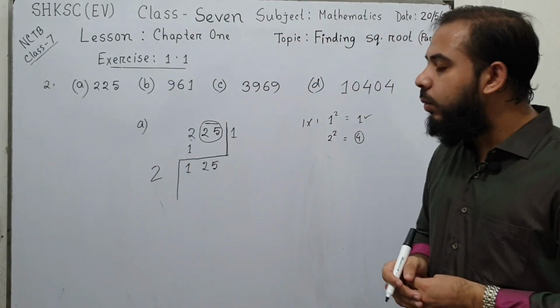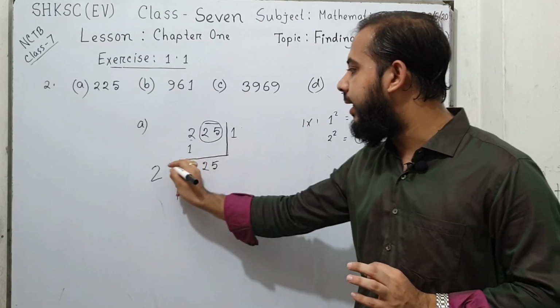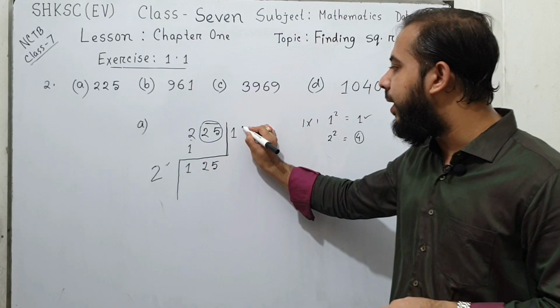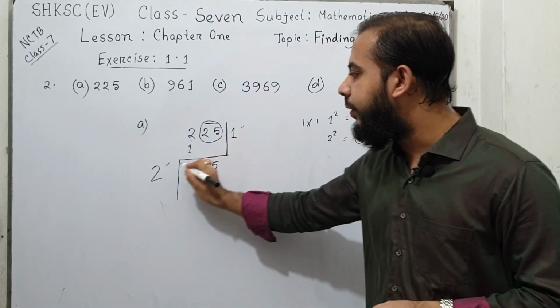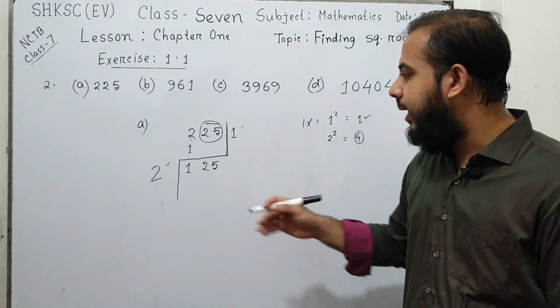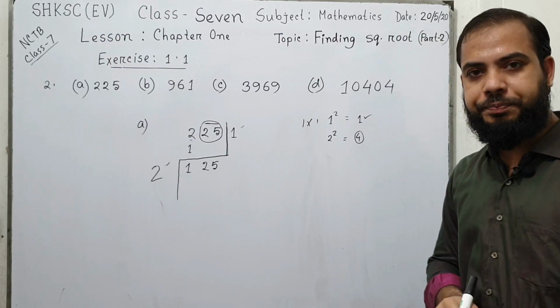Now you have to put a digit here and here also. The same digit you have to put here, and then you multiply just this new digit with the total of these 2 digits to make it closest or equal to 125.